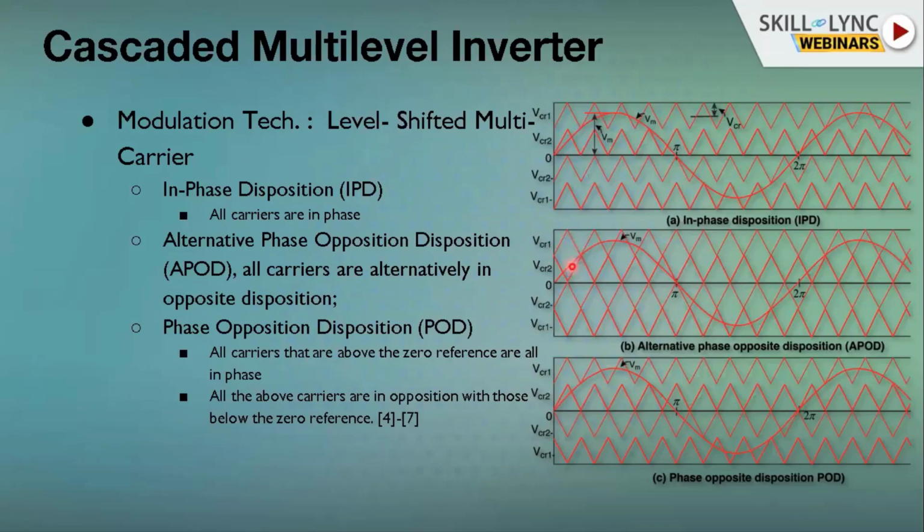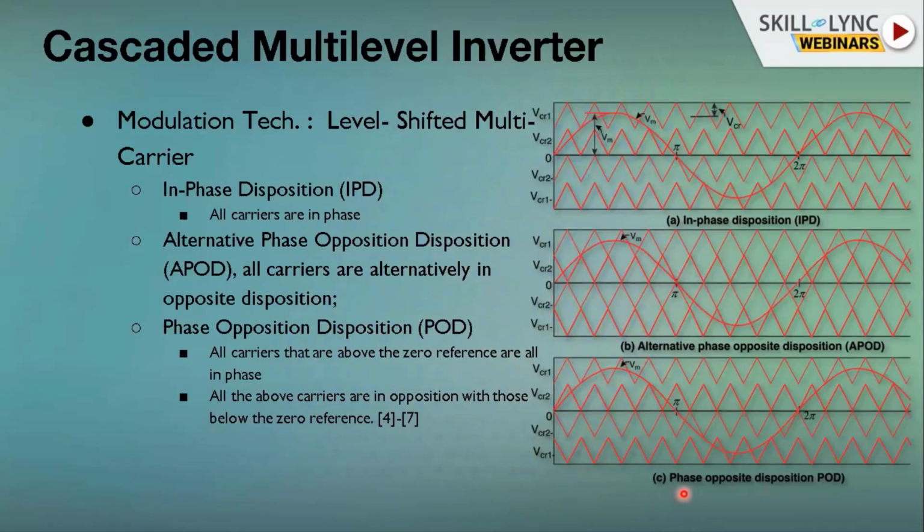Then for the ones below the zero level, the same thing is repeated. If you look at VR1, VR2, and then VR2 dash and VR1 dash, they are alternating, and hence the name APOD.